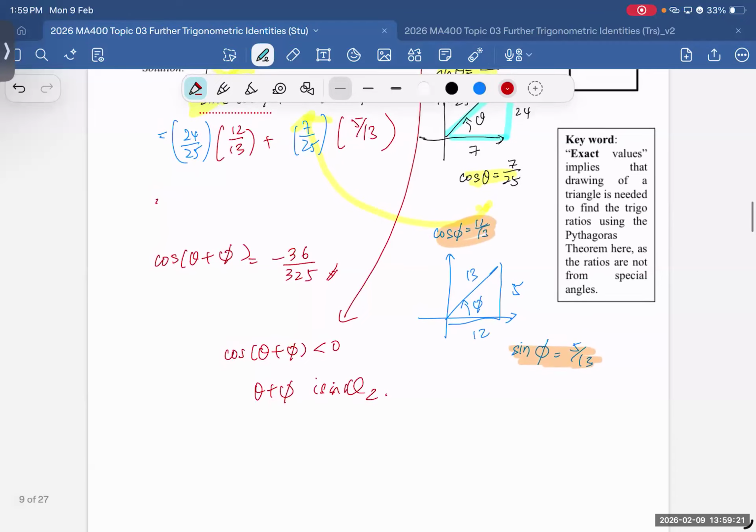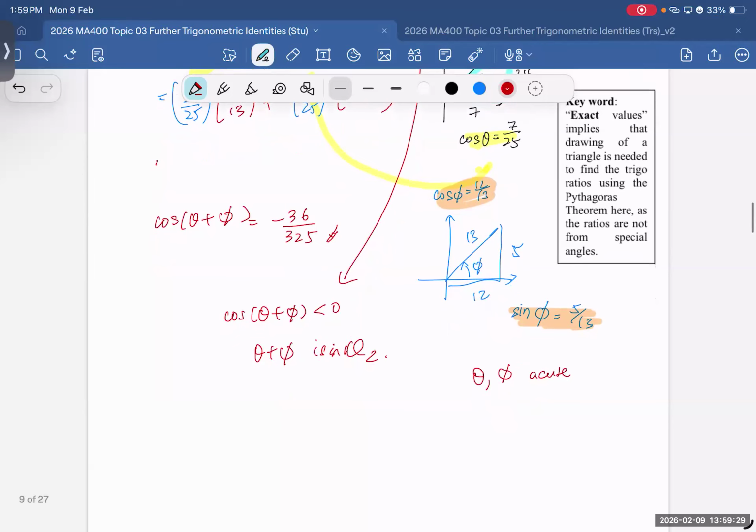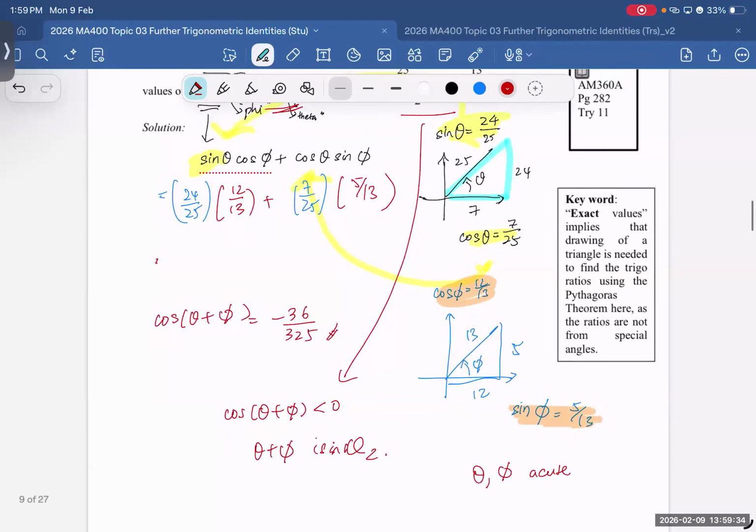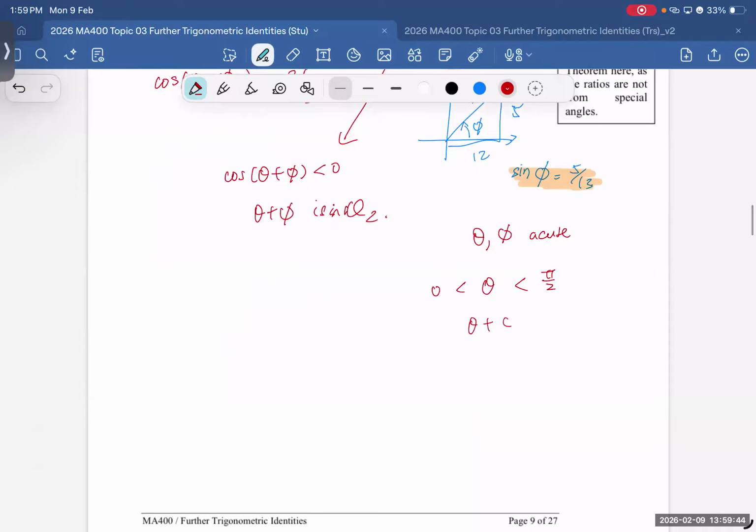Now, why is it in quadrant 2 and not quadrant 3? Because both theta and phi are acute. Theta will be between 0 and pi over 2, so theta plus phi should be between 0 and pi. This should only be in quadrant 2.